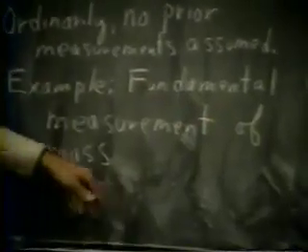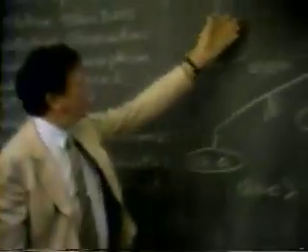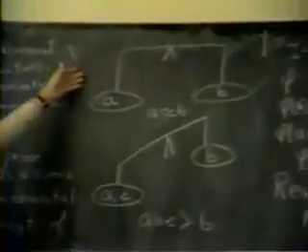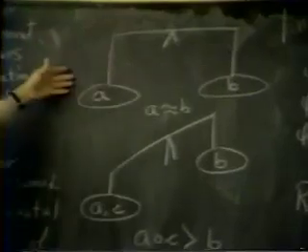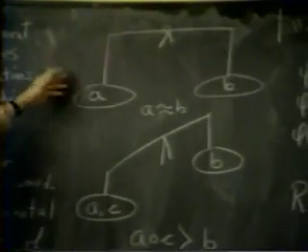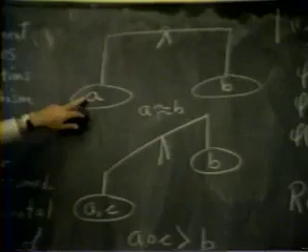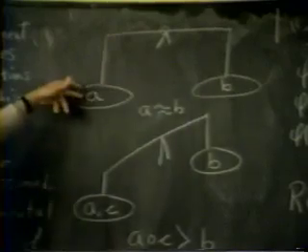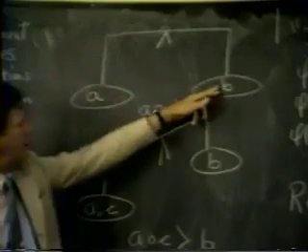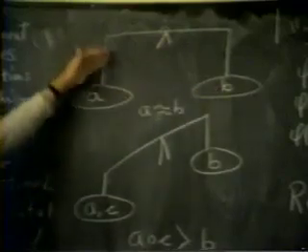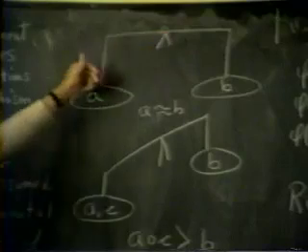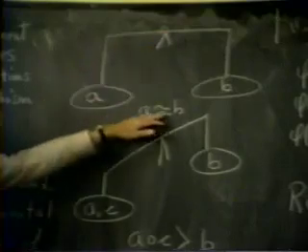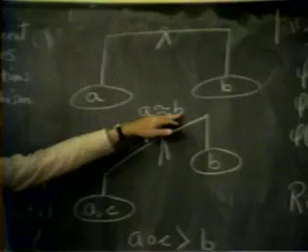In particular, the measurement of mass using an equal arm balance, which I've sketched here in a very simple way. Suppose we have 2 objects, A and B. We put A in one pan of the balance, we put B in the other, and we find that the balance stays in horizontal equilibrium. And we'll say that A is equivalent in mass to B.